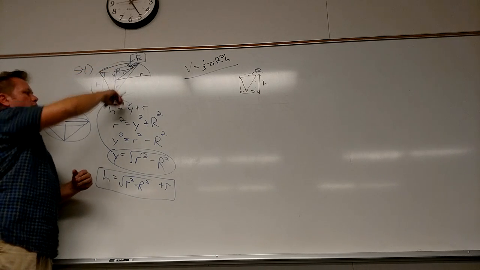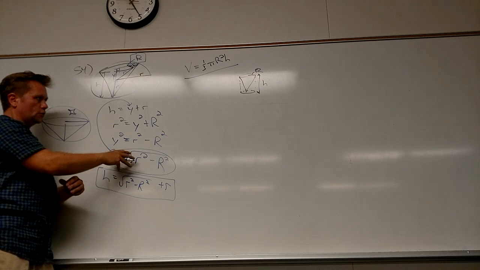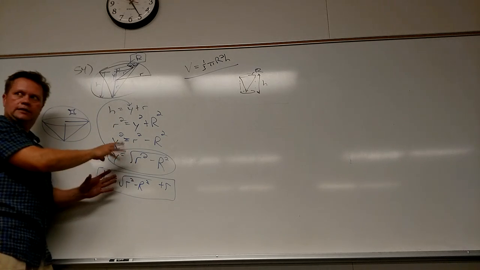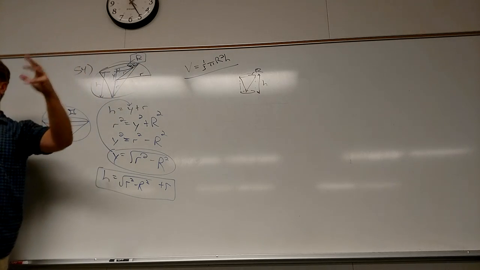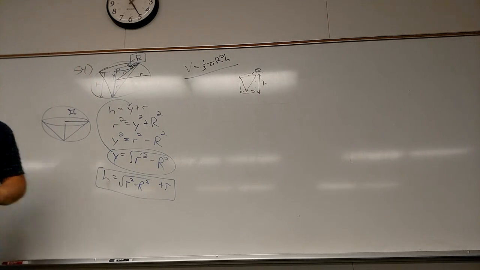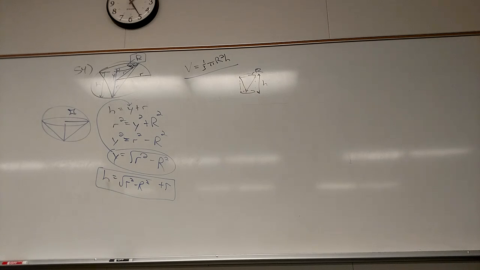But do you see what the point of this is? Trying to get a relationship so I get something that has only one variable in it. Big R is the only true variable. Well, little r is a constant. And I think they said my maximum volume has to be in terms of r only. So if they change the size of the sphere, I know exactly how the volume of the cone is that I can fit in there.